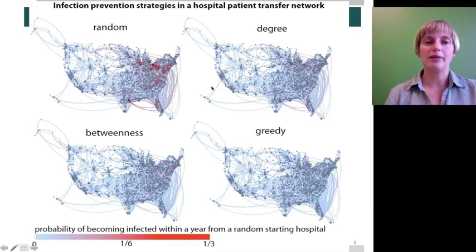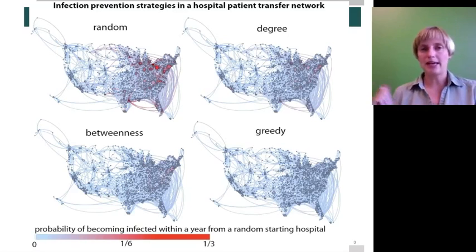And here what this shows is what the number of infections would look like after a year, and so you can see that there are really some hotspots, some hospitals that would have been very likely to be infected if an infection started at any random hospital.